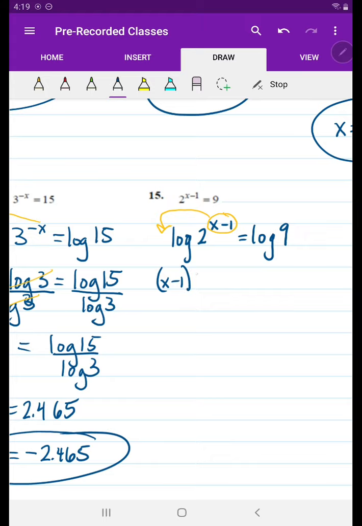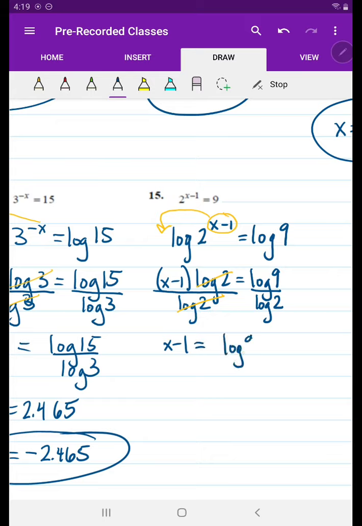So I'll have (x minus 1) log 2 equals log 9. So now let's divide both sides by log 2. Right, and so then I can cancel those. And so now I have x minus 1 is log 9 over log 2.